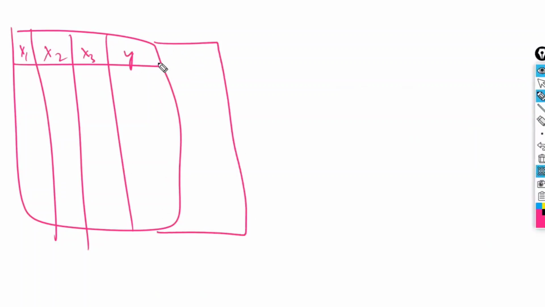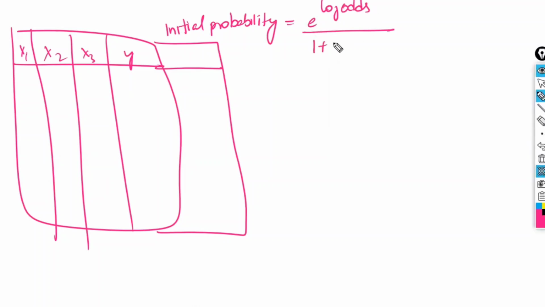Now you write in this one heading as initial probability. Initial probability is equal to e to the power of log of odds divided by 1 plus e to the power of log of odds, which is equal to e to the power of log of 4 by 2 for this data set divided by 1 plus e to the power of log of 4 by 2.